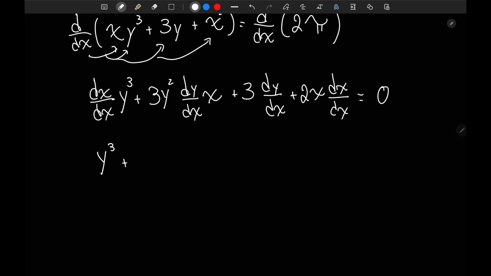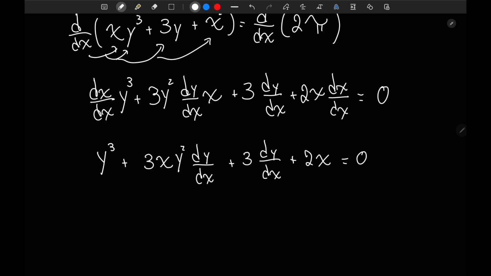We have y cubed plus, and here I'm going to move the dy dx to the back, so we'll have 3x y squared, and I just changed the order to lowest power to highest. And don't forget the dy dx at the back, plus 3 dy dx plus 2x is equal to 0.